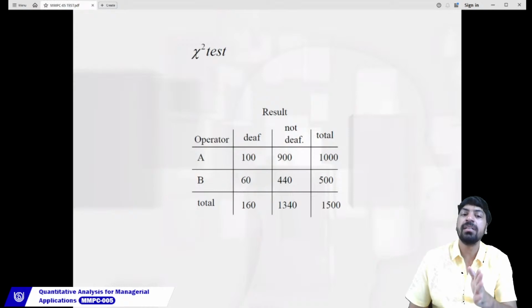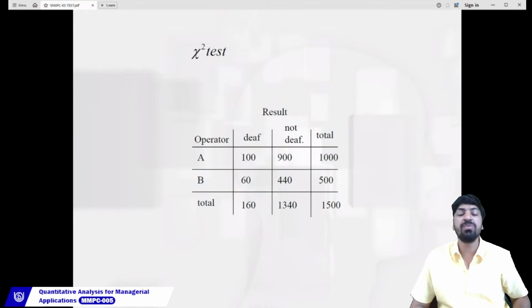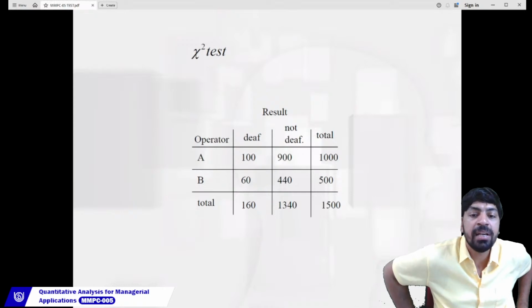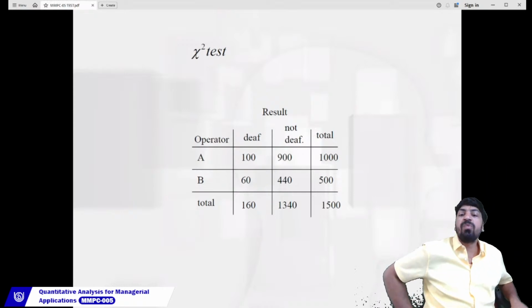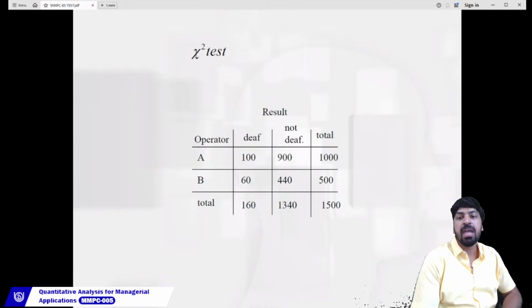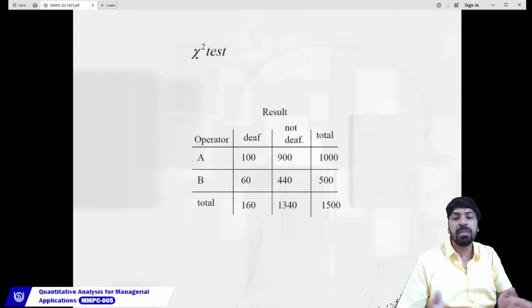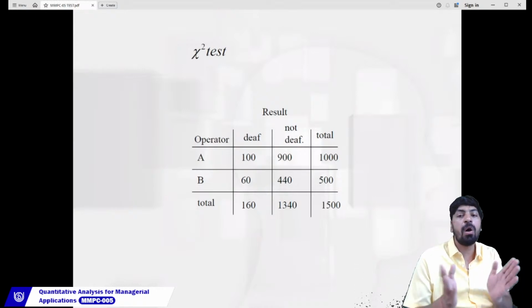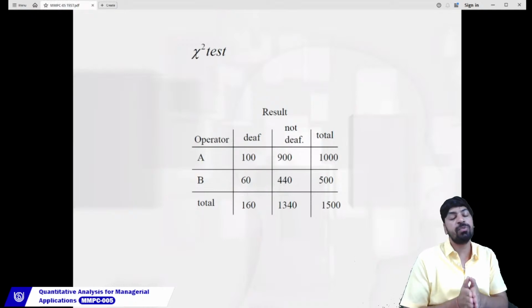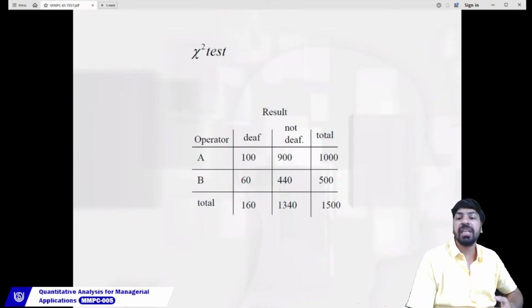This is a row total. When we talk about the column total, that is 100 plus 60 is 160, and 900 plus 440 is 1340. And the overall total of the rows and columns should be equal, that is 1500.